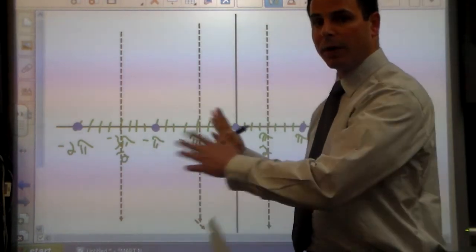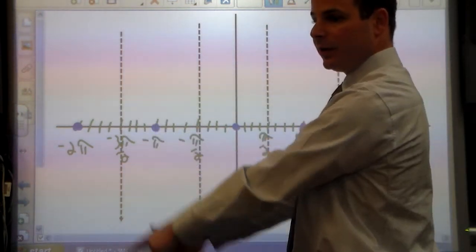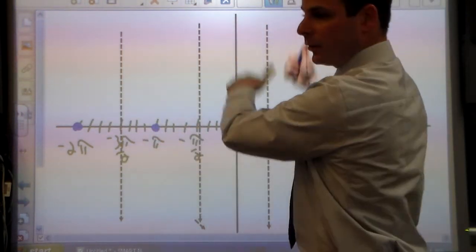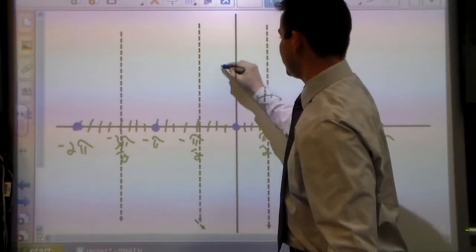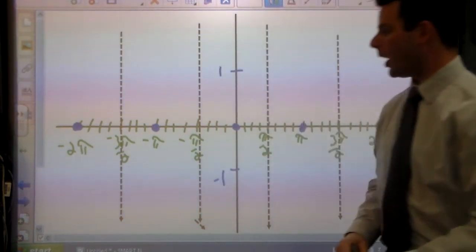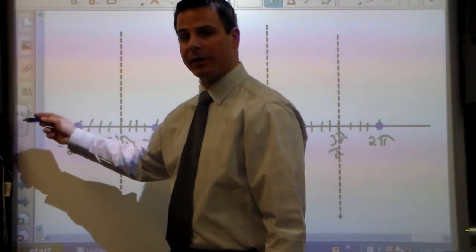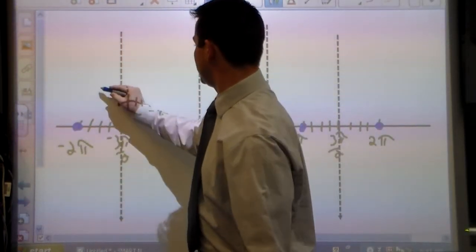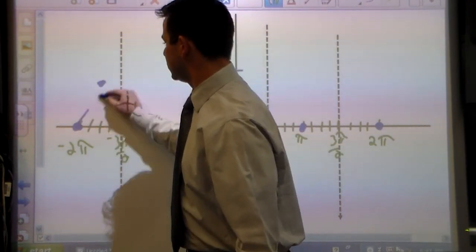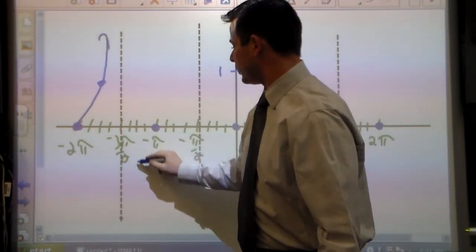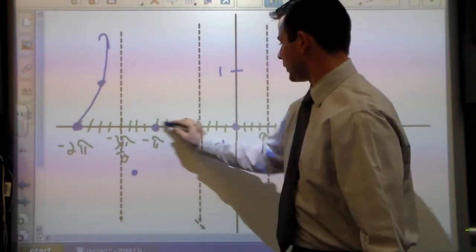And then from each one of these dots, to the left 2 boxes, negative 1, to the right 2 boxes, positive 1. So let's put a 1 and a negative 1 on our y-axis. So to the left 2, we're not graphing past there, so I'll go to the right 2 and up 1. To the left 2, down. To the right 2, up.